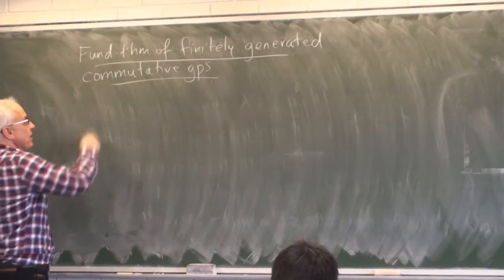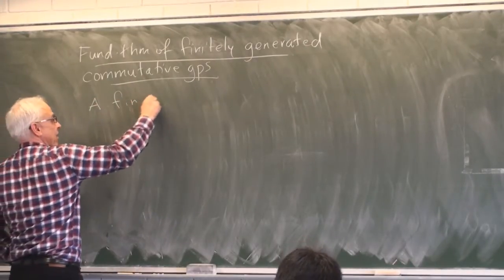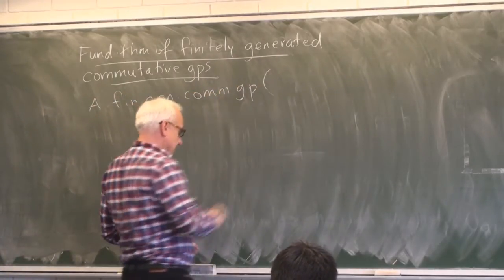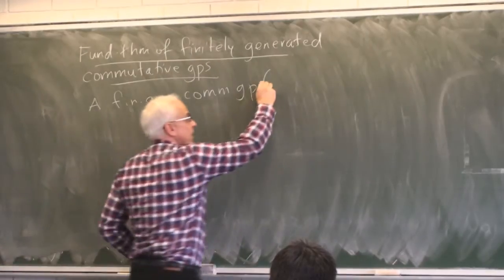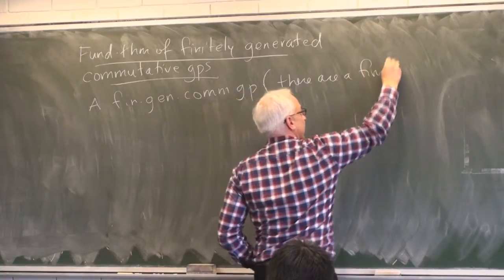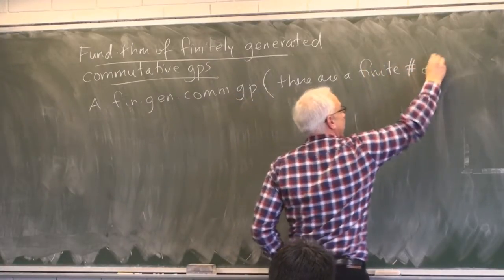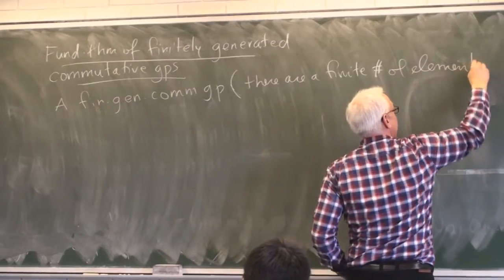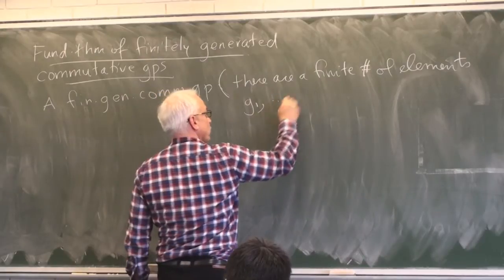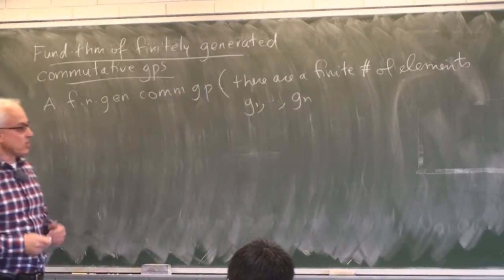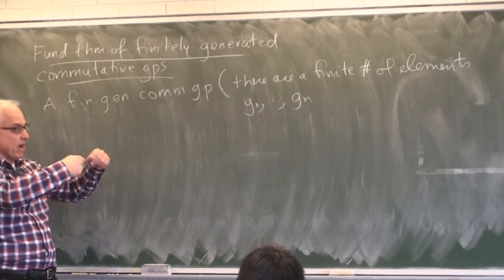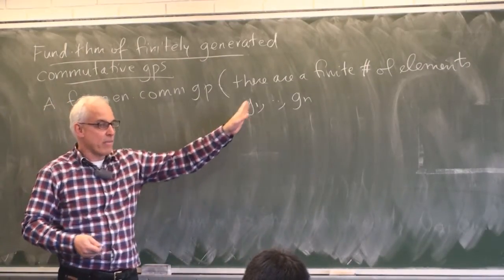So the story is that a finitely generated commutative group, and finitely generated means that there are a finite number of elements, say g1 up to gn, such that any other element in the group can be expressed by some suitable combination of these.